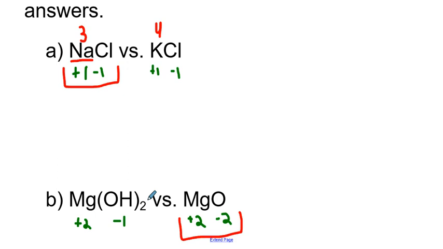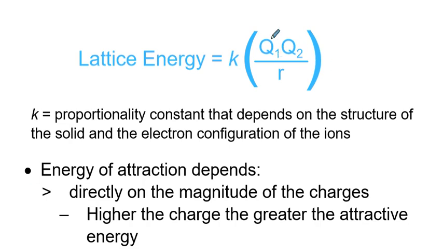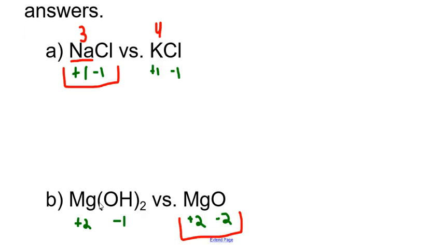It takes 2 hydroxides to balance this thing out. Whereas here we are talking about a +2 and a -2. So if we go back, the charges respectively become +2 and -1 for the first guy versus +2 and -2 for magnesium oxide. So this guy has a higher Q value, so Q2 is larger, so that means that this overall lattice energy is stronger.